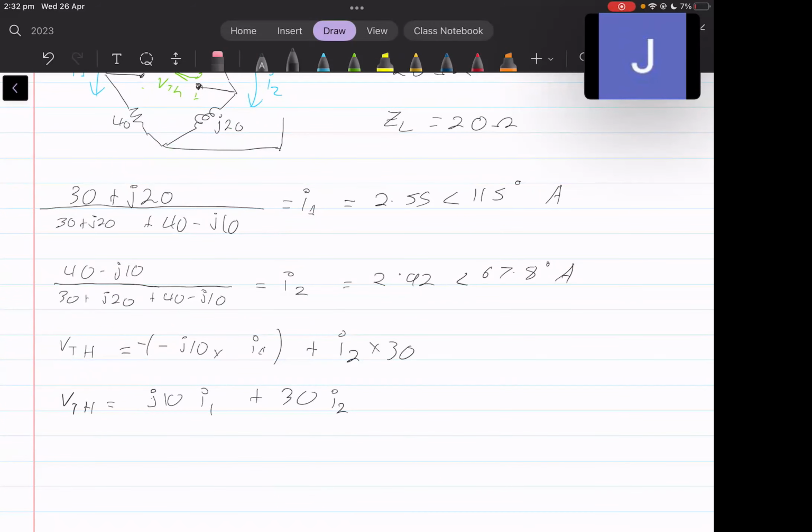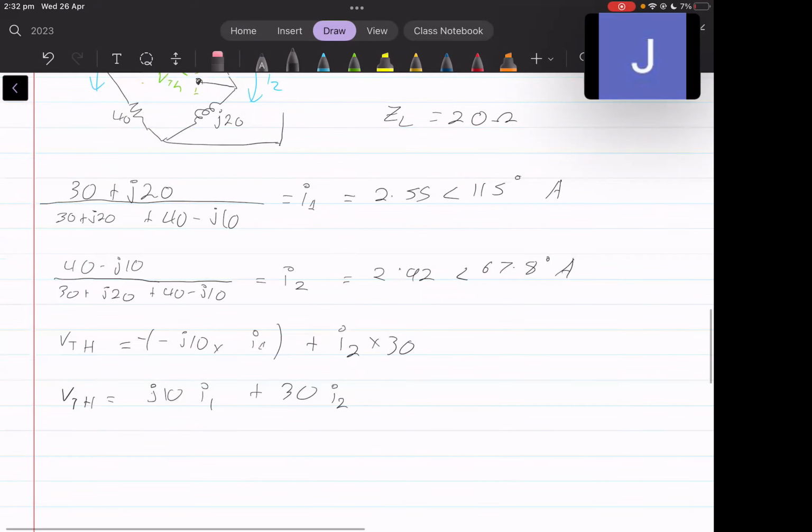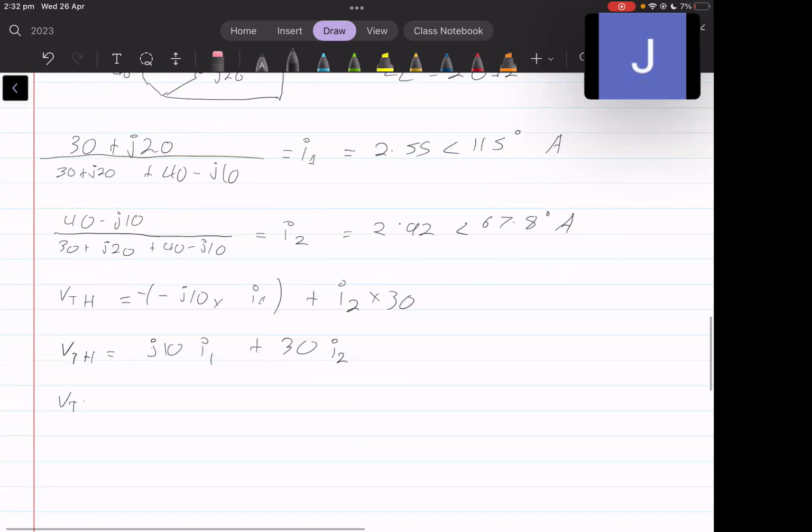And then we have what each of these are. So you just plug that into your complex number calculator. And does anyone want to say what that gives us?